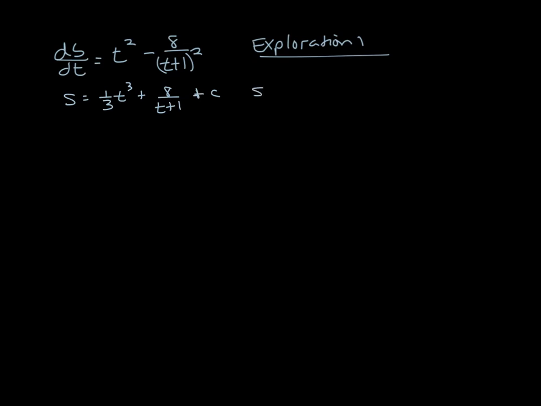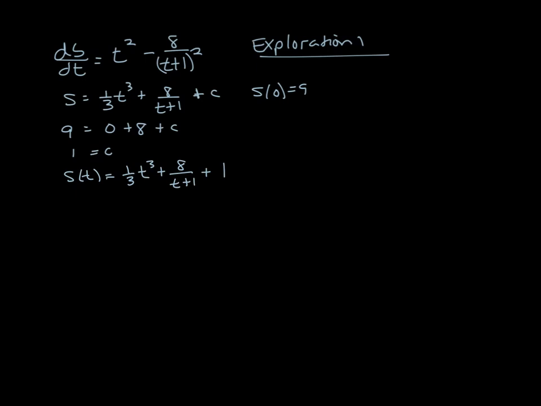And then we're going to put in the fact that s of 0 equals 9. So we plug a 9 in for the position when t is 0, which will give us 0 plus 8 plus c. So c will equal 1. So our position equation, s of t, will equal 1/3 t cubed plus 8 over t plus 1, and then plus 1.